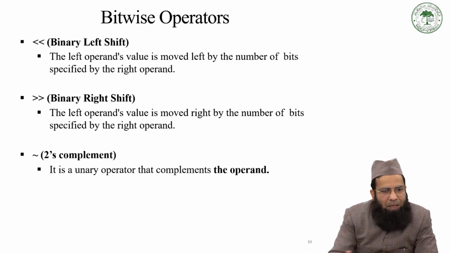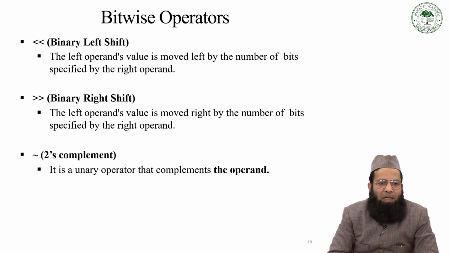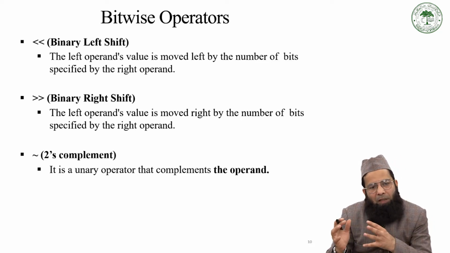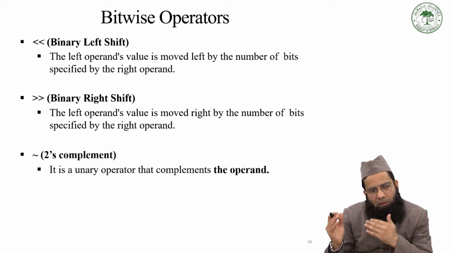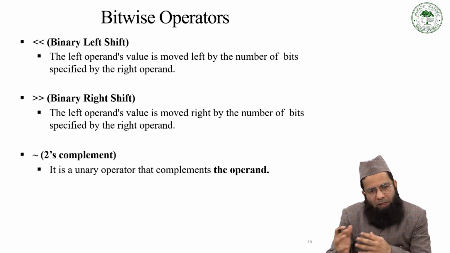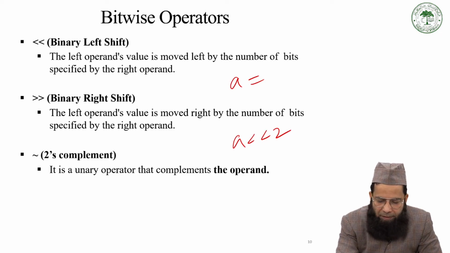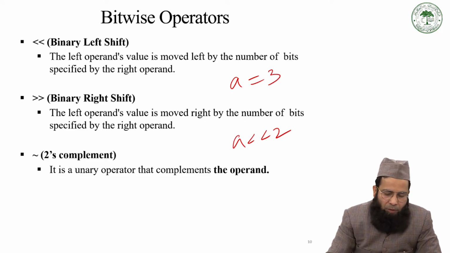Then there are left shift and right shift operators as well. The left binary shift operator will move the operand to the left. Suppose I am performing a left shift by 2 and A is 3. What will it do?